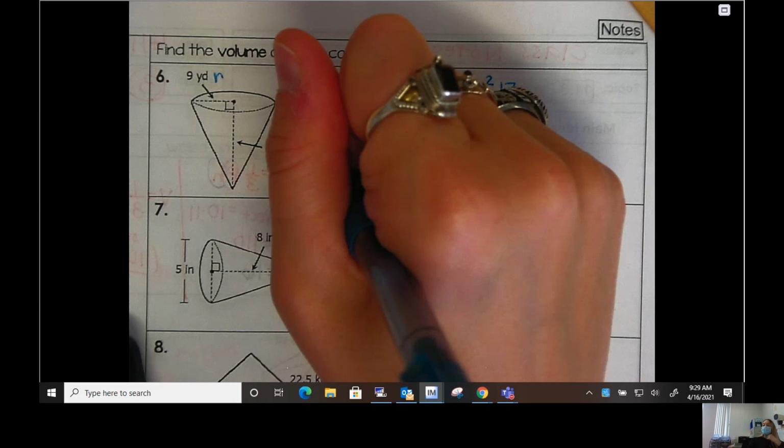Okay, the only one that matters is the c. Which one has to be the c? 22.5. It has to be your hypotenuse, the number across from 90. So here's the 90. It's got to be across from it over here, 22.5. Now, what are you going to put for a squared?